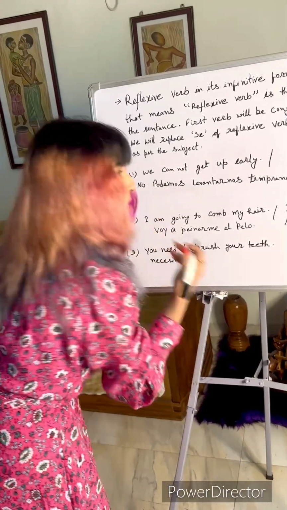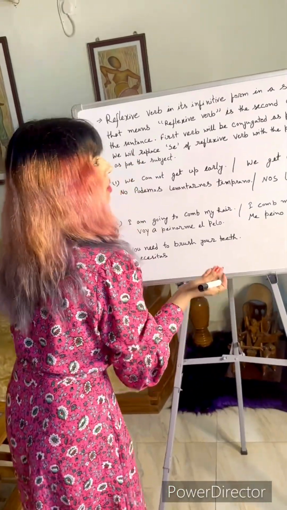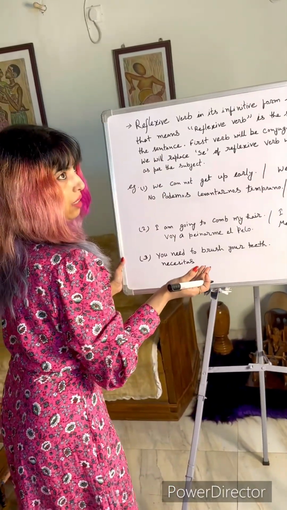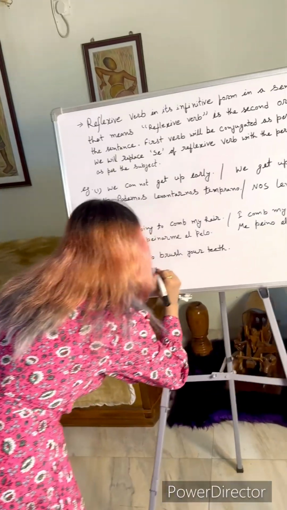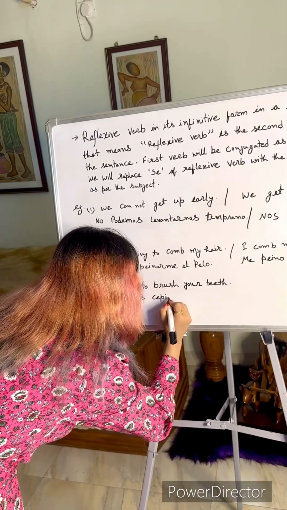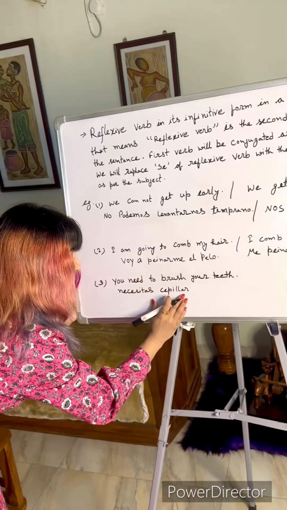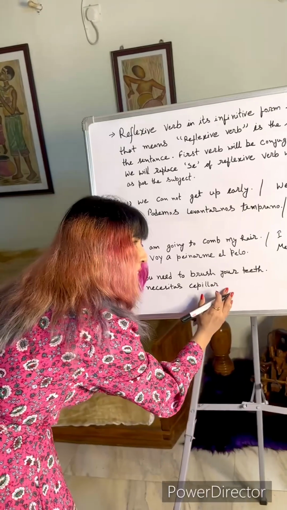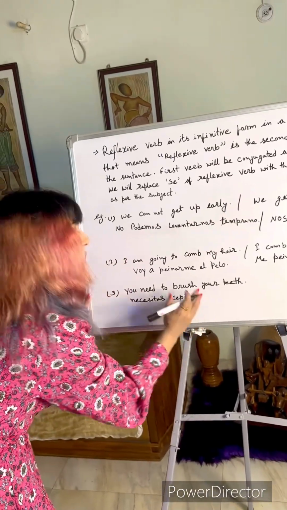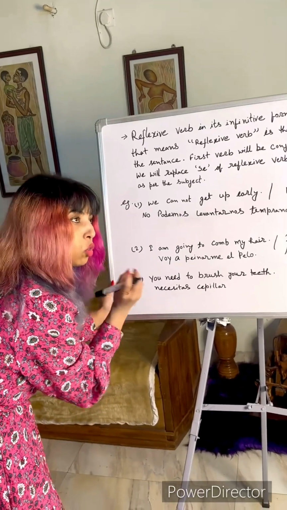So to brush your teeth is a reflexive verb, and that is cepillarse. Cepillarse. So necesitas cepillar, but instead of "se", we'll be using the personal pronoun applicable for you, tú.